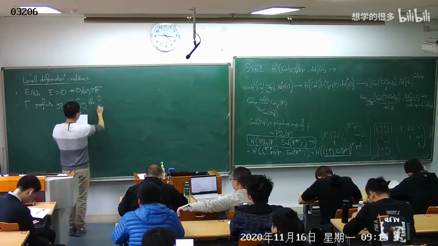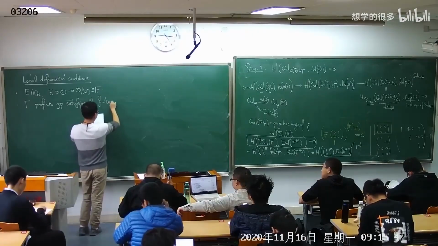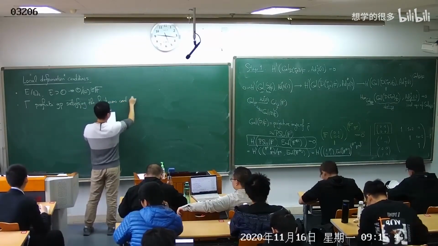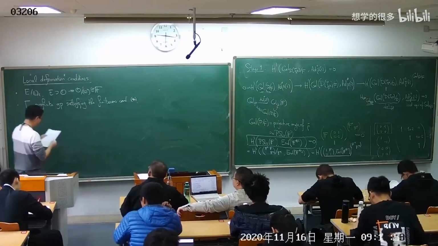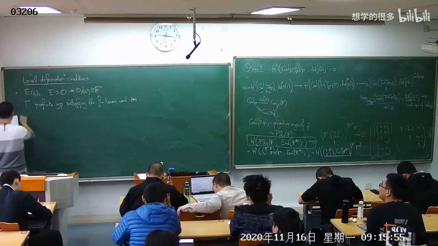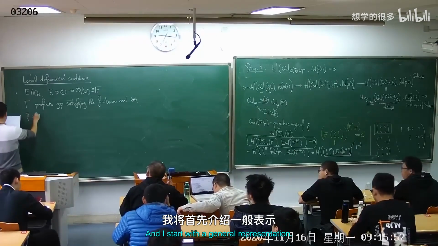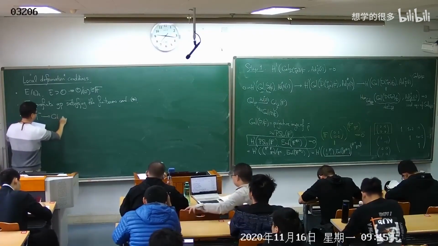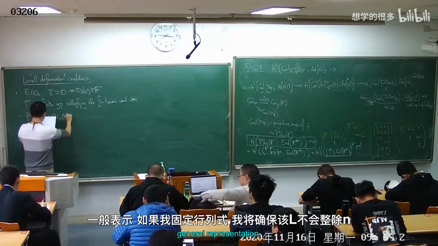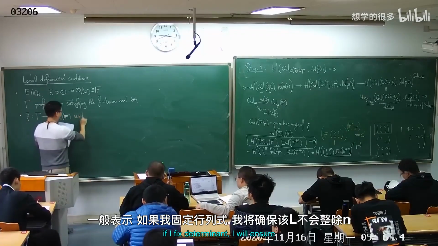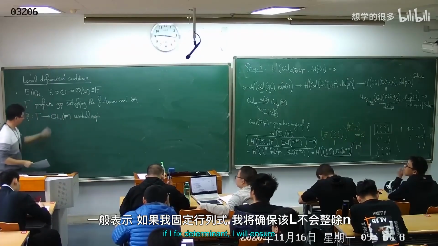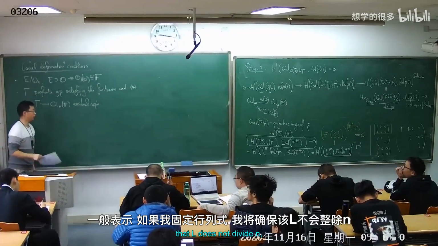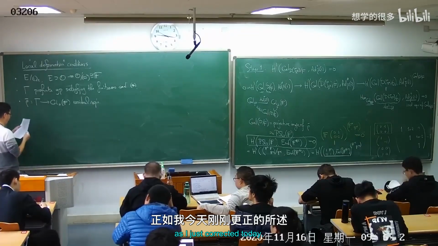The finiteness condition. There was a finiteness condition for H^1. Suppose it satisfies that. And I start with a general representation. If I fix determinant, I will ensure that l does not divide N, as I just corrected today.